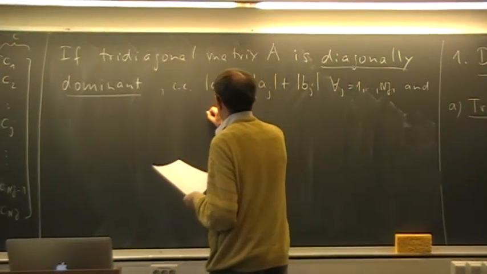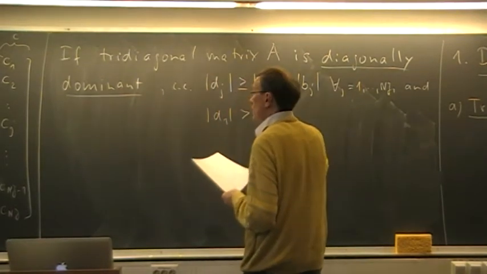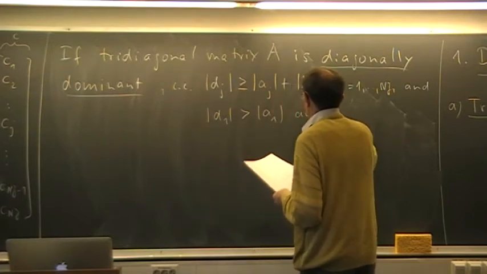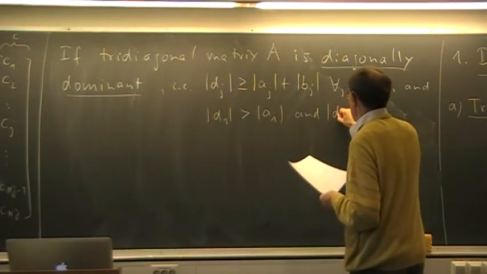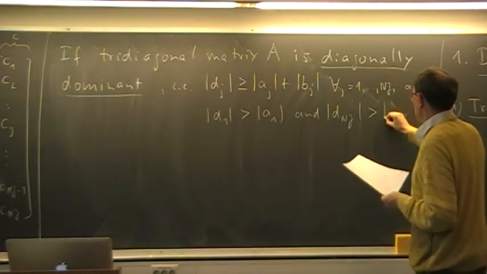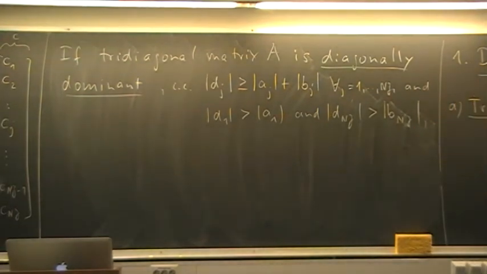And so in our case we have that d1 is larger than a1, and also that dnj is larger than bnj. So that is what the diagonal dominance means in our case.